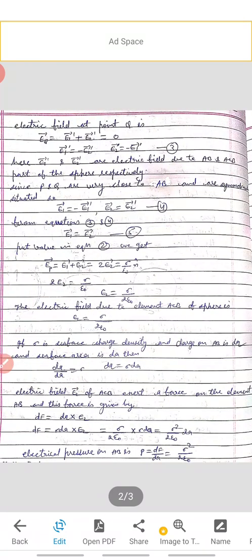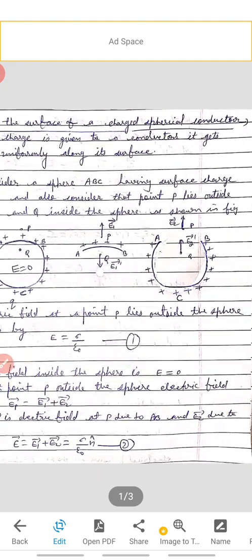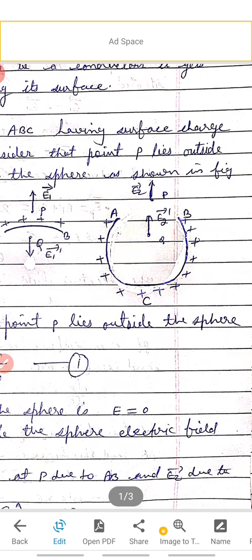The electric field at point Q, which is inside the sphere, is EQ is equal to E1 dash plus E2 dash is equal to 0, because inside the sphere the electric field is 0. So we can write E2 dash is equal to minus E1 dash, where E1 dash and E2 dash are the electric fields due to the AB and ACB parts of the sphere respectively, as represented in the diagram.